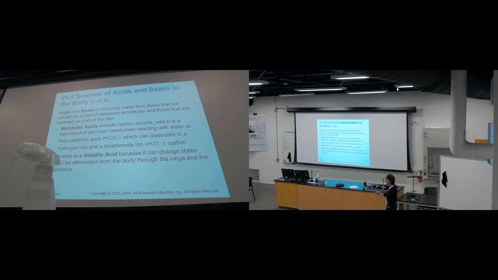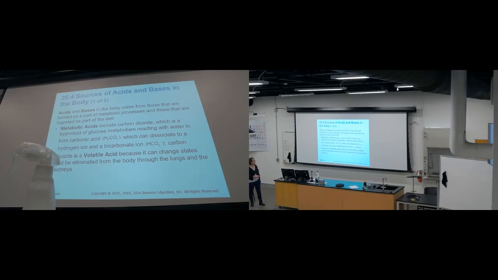Acids will donate hydrogen ions, bases absorb hydrogen ions. And these acids and bases are part of the metabolic processes that we have in our body. So we also have the production of these acids and bases as part of the metabolism.